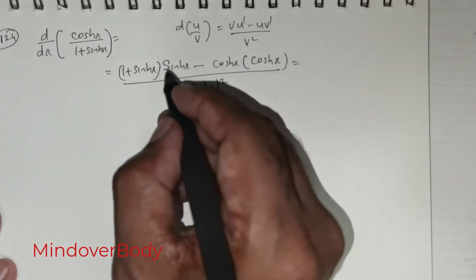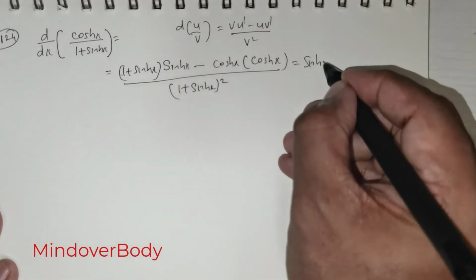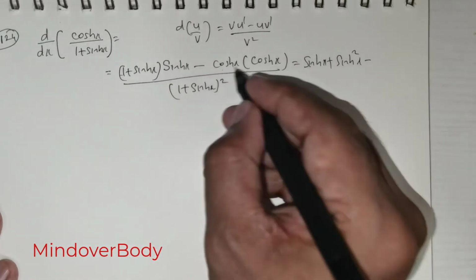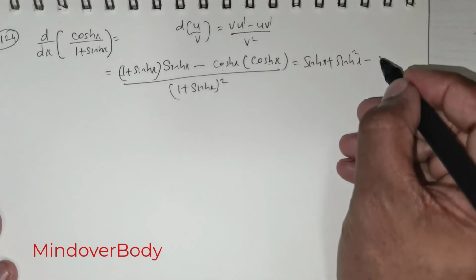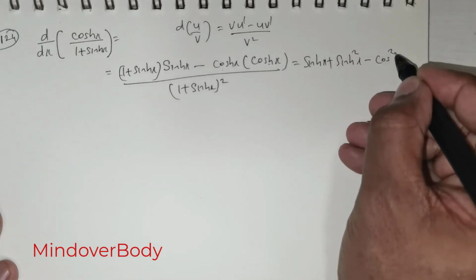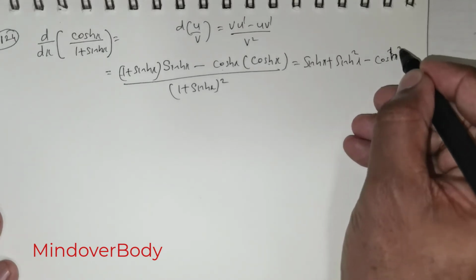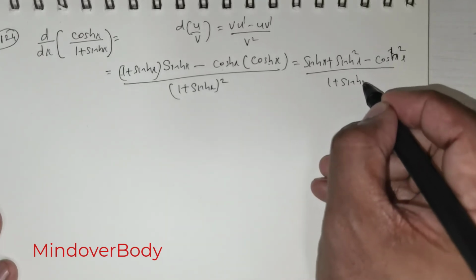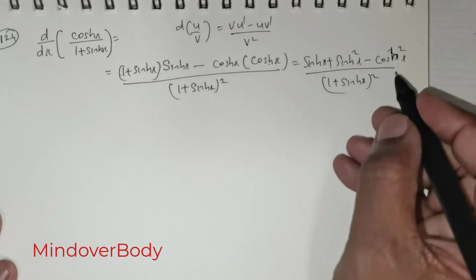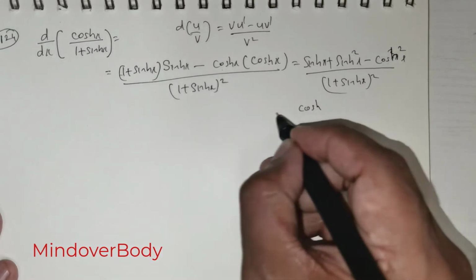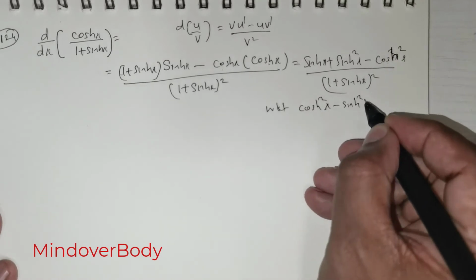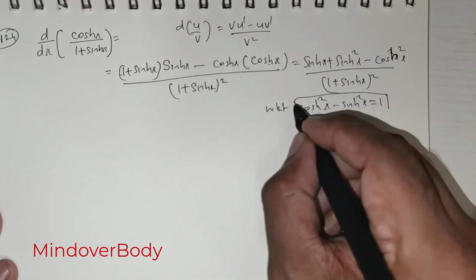Now this is equal to sinh x times 1 will give me sinh x, times sinh x will give me sinh squared x, minus cosh x times cosh x will give me cosh squared x, divided by 1 plus sinh x raised to the power of 2. But we know that cosh squared x minus sinh squared x is equal to 1.